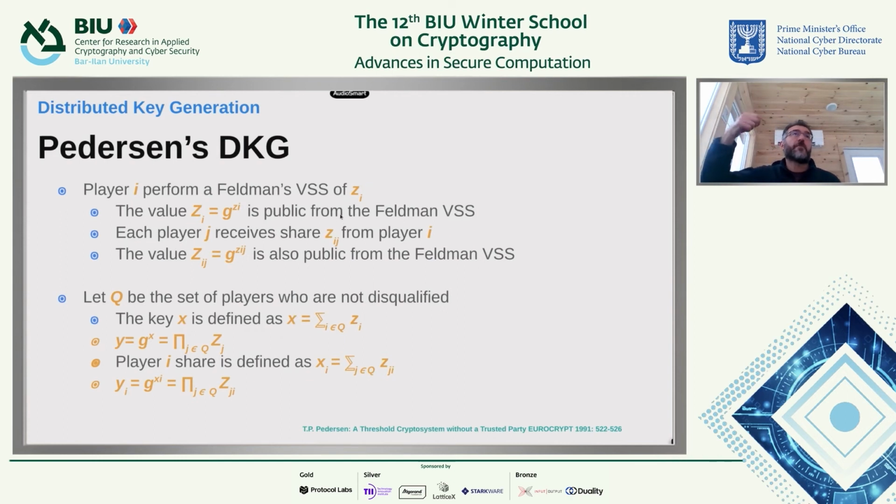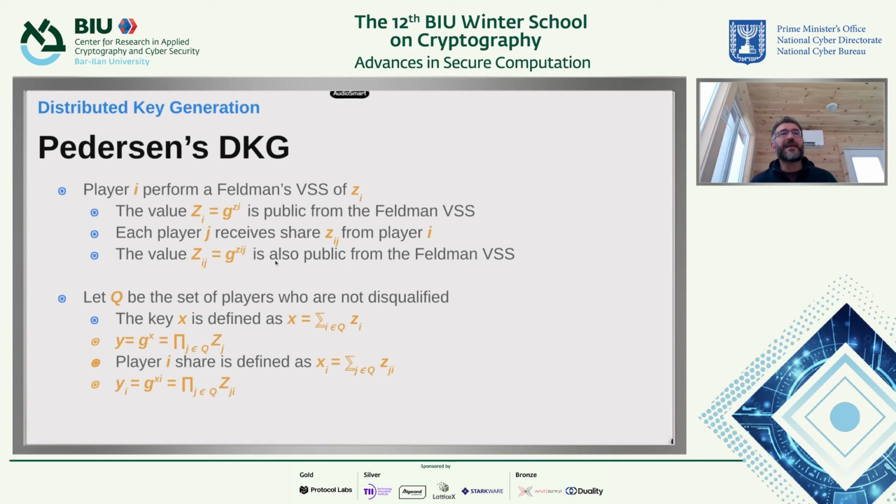Remember, I publish all the public commitments to the coefficients, and z_i happens to be the free term of my polynomial. So that's public. Each player receives his own Shamir share from this particular sharing. Let's call it z_ij. And this value right here is also public from the Feldman VSS, right? Because it's the evaluation in the exponent of j of the points released by the Feldman VSS.